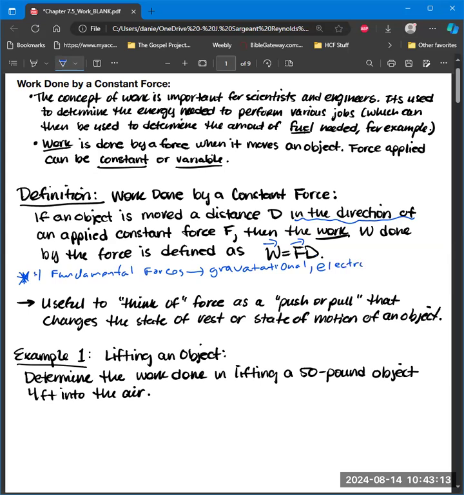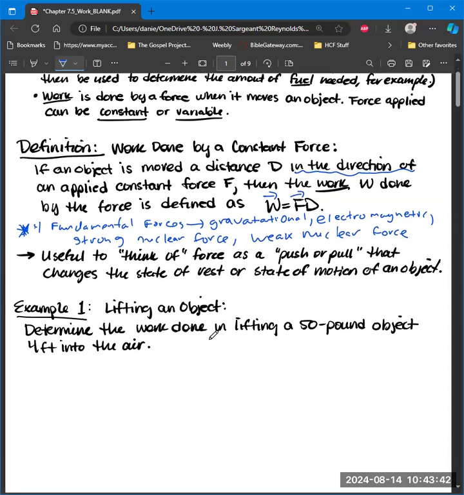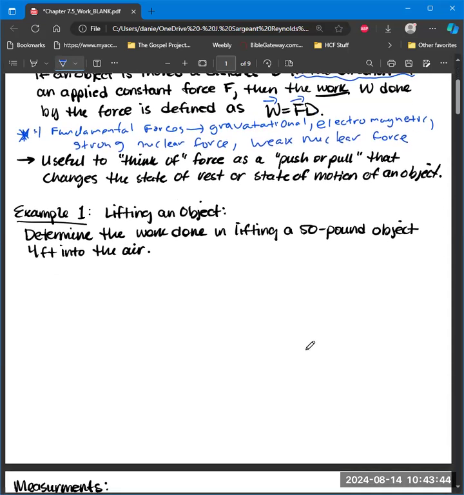It's everything to do with electricity and magnetism. We have the strong nuclear force. And we have the weak nuclear force. And don't let the word weak fool you, that is weak compared to the strong nuclear force, but it is still very strong.